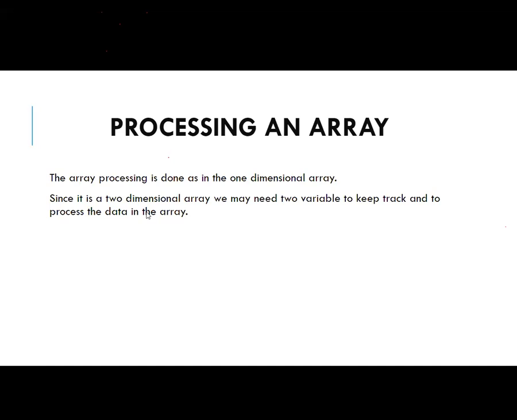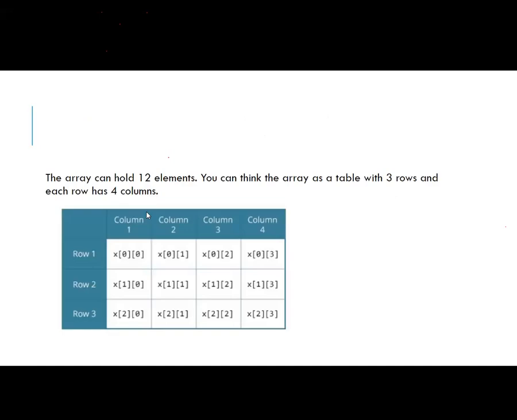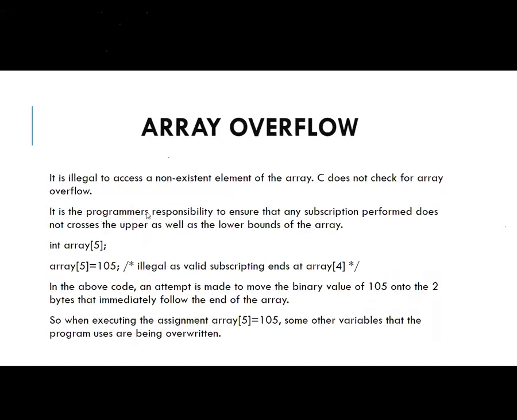For example, if you are accessing a matrix, you may have to have 2 for loops, one for the row and one for the column. Because in the previous case we had used only one for loop for accessing.